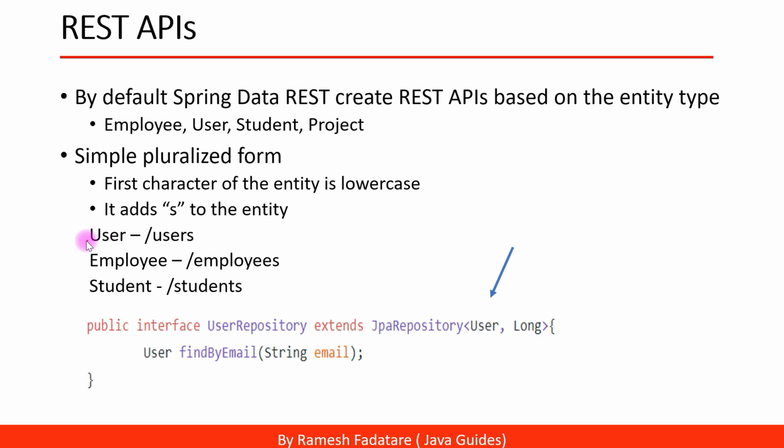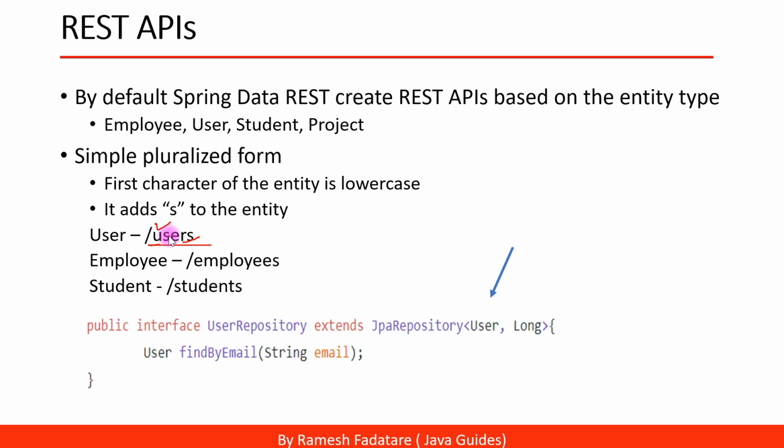For example, let's say we have a user entity, and Spring Data REST will create a REST endpoint URL like this: /users, and the first character of the entity is lowercase. The first character, u, is in capital, right? Spring Data REST will lowercase the first character, like small u, and then append s at the end of the entity.